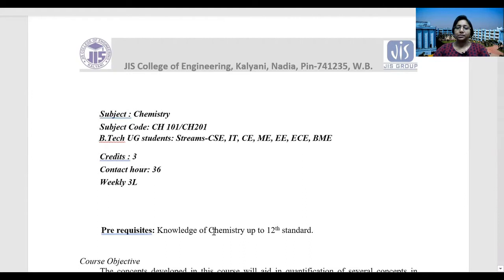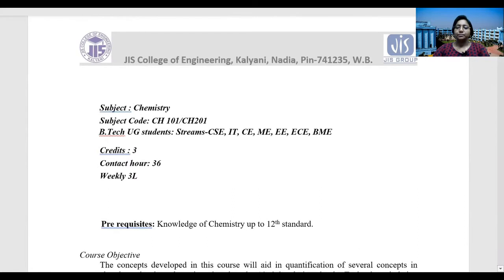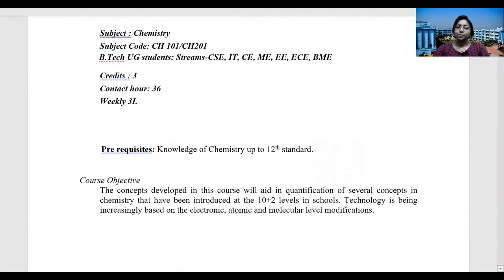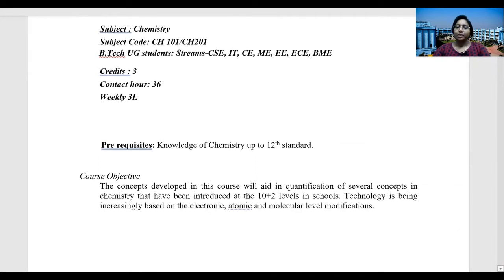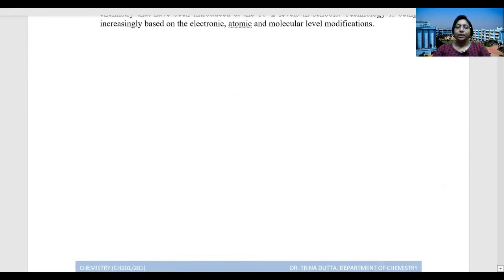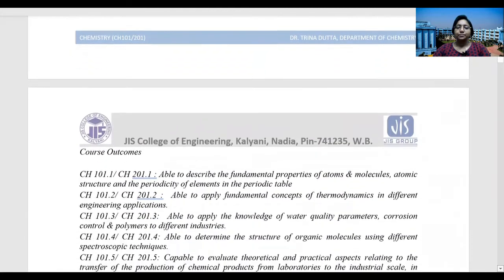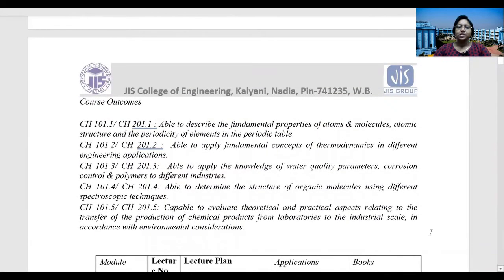The prerequisite knowledge required is the 12th standard. From this course, you will get several concepts of chemistry. In the outcome part, the students will be able to apply the fundamental concepts of thermodynamics in different engineering applications.